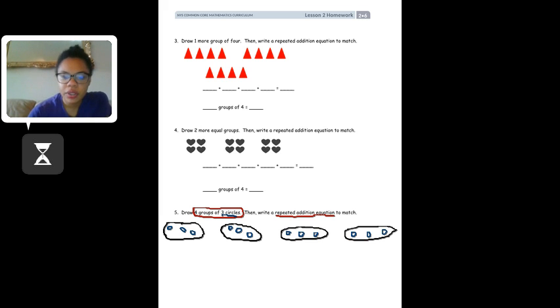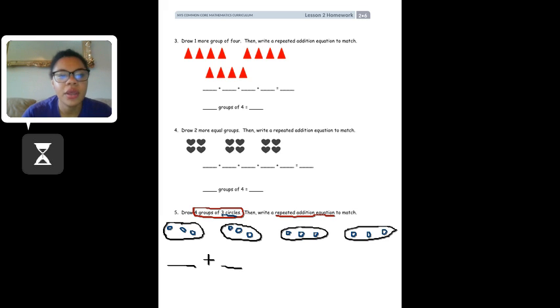So what I'm going to do is I'm going to switch, and now it's time for me to create and write my repeated addition equation. So now I'm going to put a blank down for this group, and then put a plus sign because I'm adding these up because it said repeated addition.